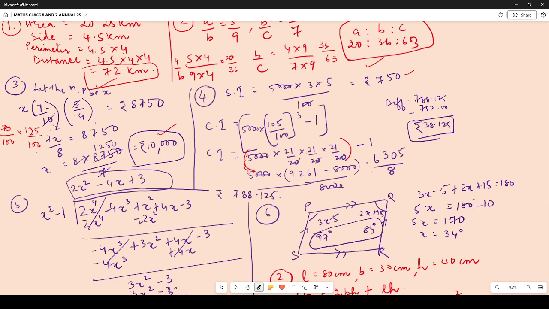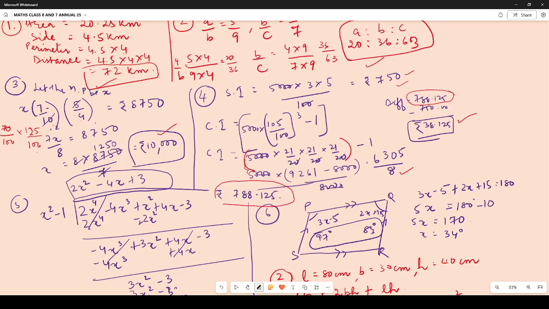When you do the calculation, you will get 6305 by 8, which comes up to the value of 788.125. The simple interest was 750 rupees. When you subtract it, you get the difference as 38.125 rupees. So that will be your answer.